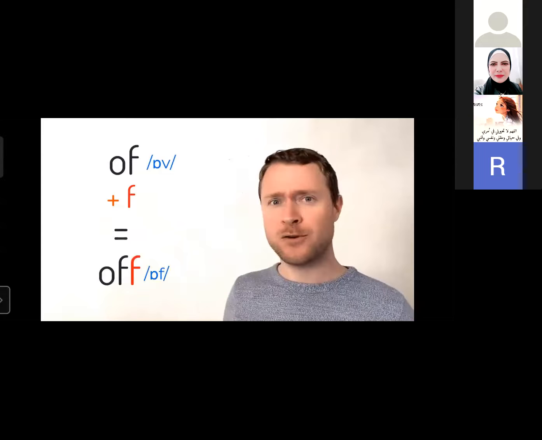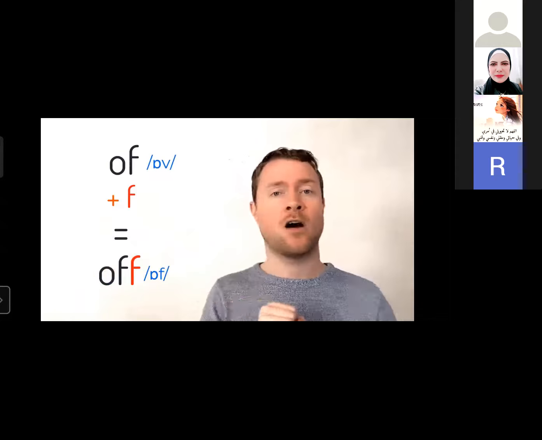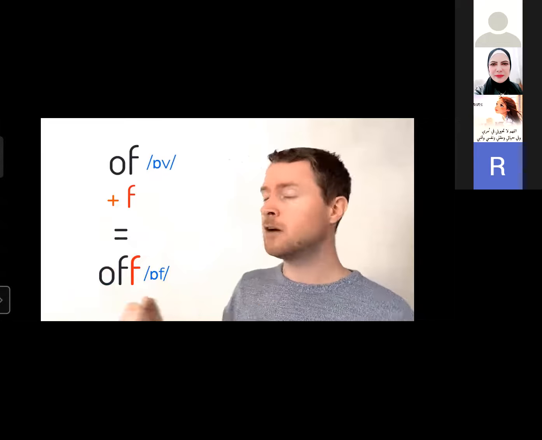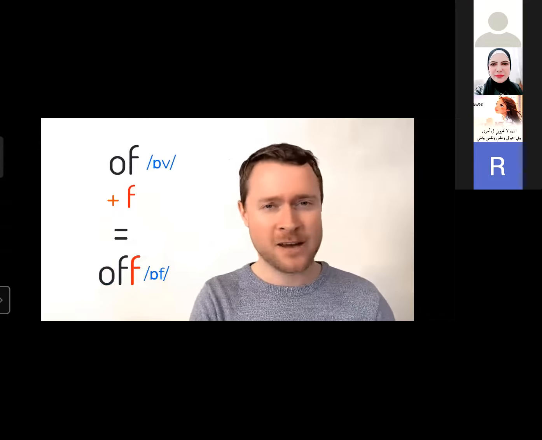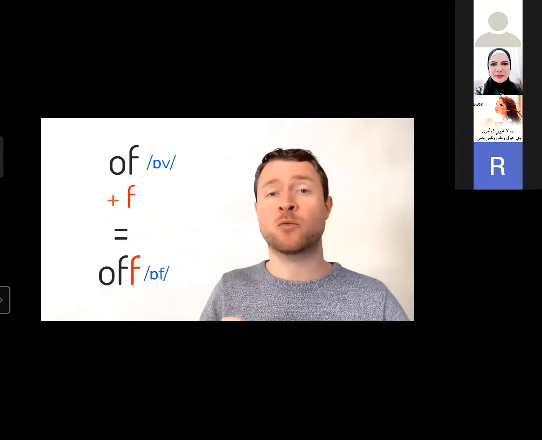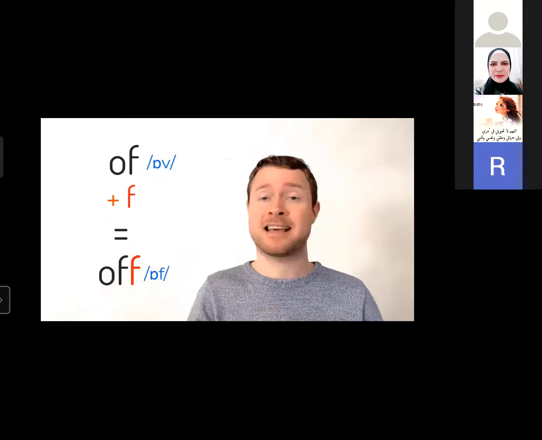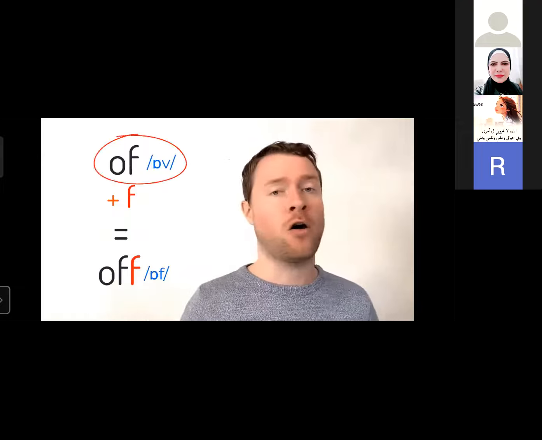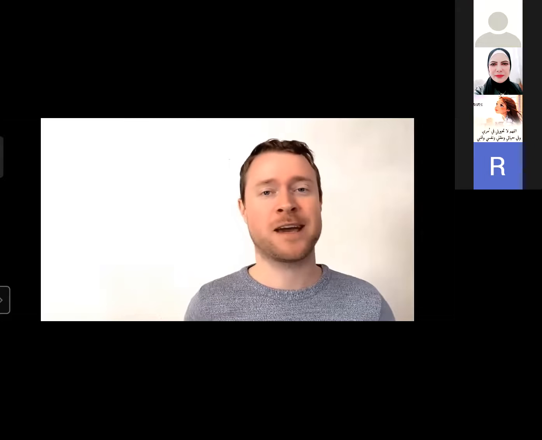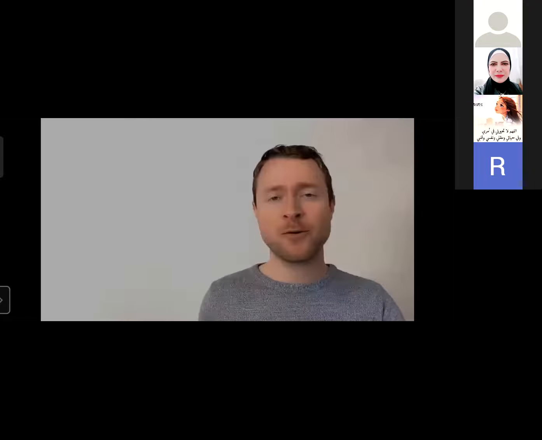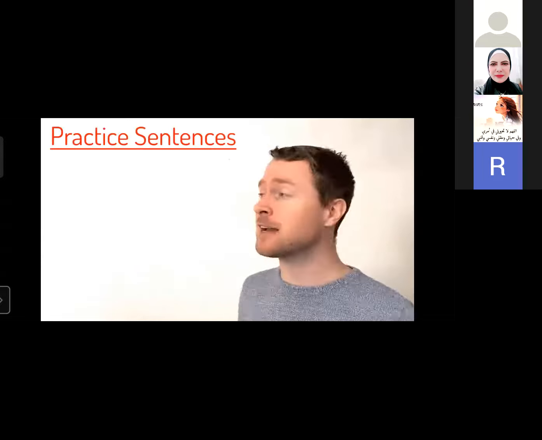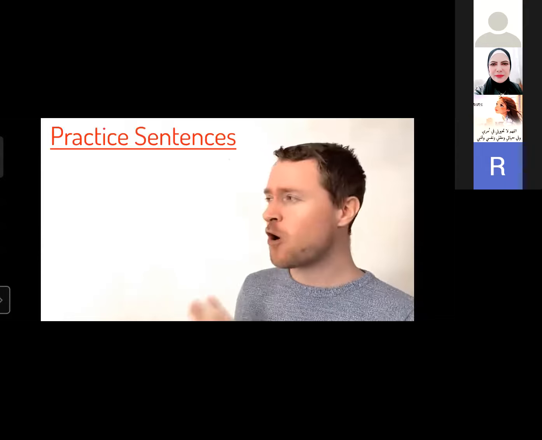It's the f again. Very confusing, but of, off. Okay? Remember, the only word in English where you pronounce the letter F as a v is in the word of. Okay, let's have a little practice with the f sound.